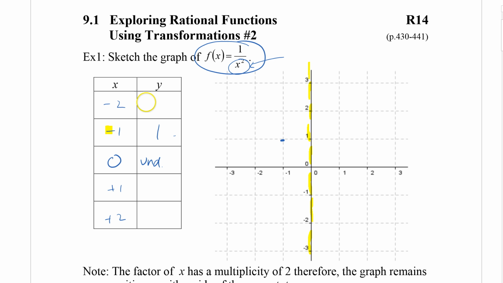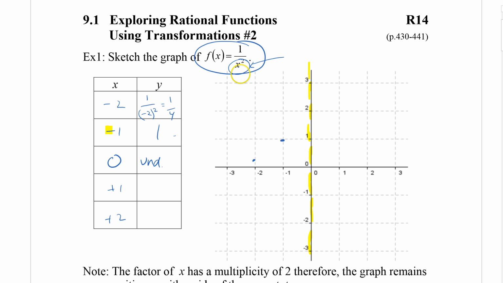If I put in a negative 2, I get 1 over negative 2 all squared. So that's going to be equal to 1 over 4. So if my x is negative 2, my y is 1/4. So you see how very quickly that gets smaller and smaller.